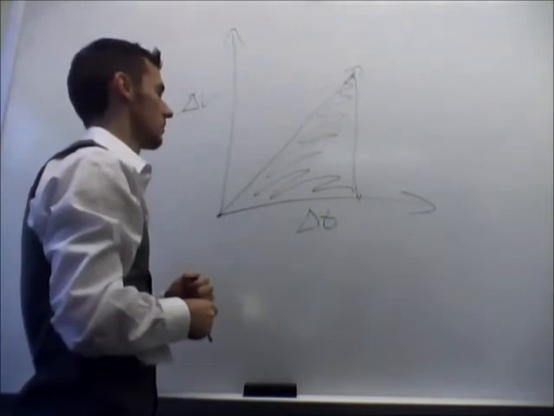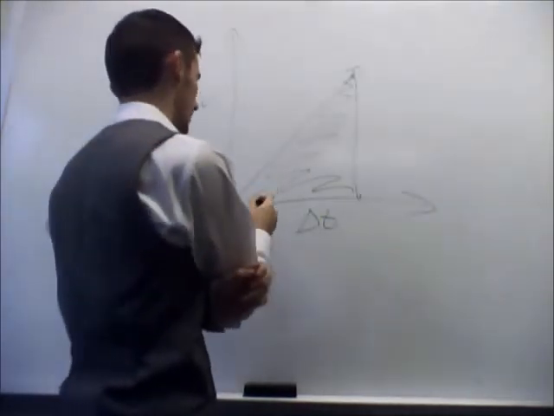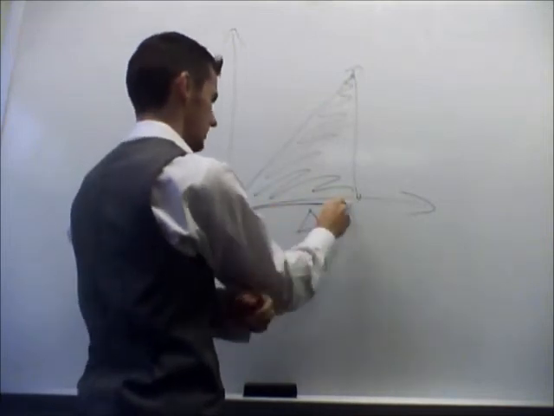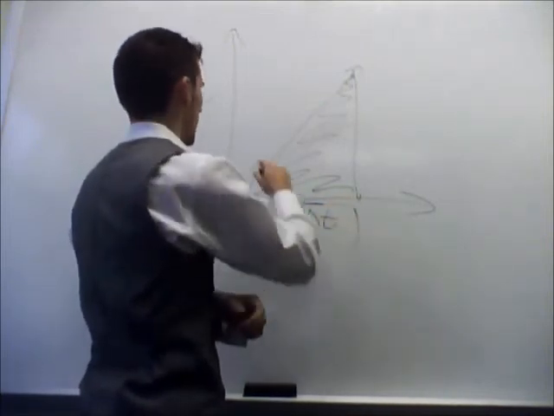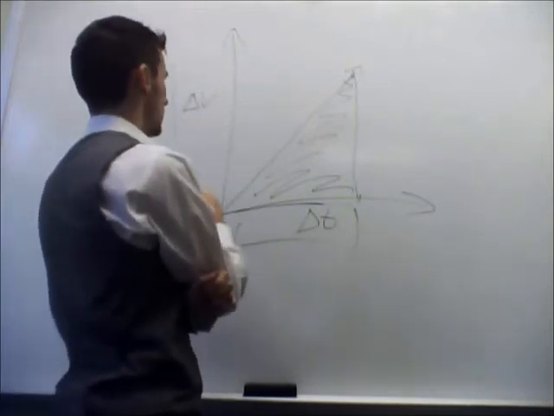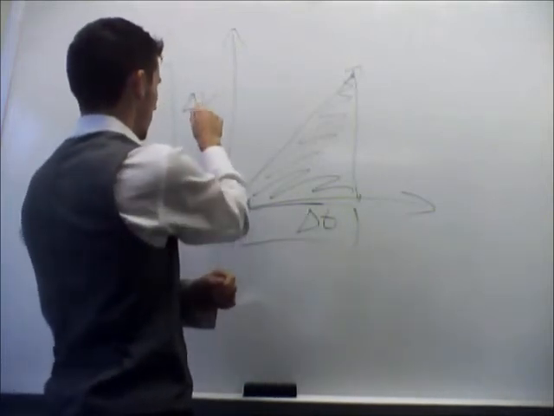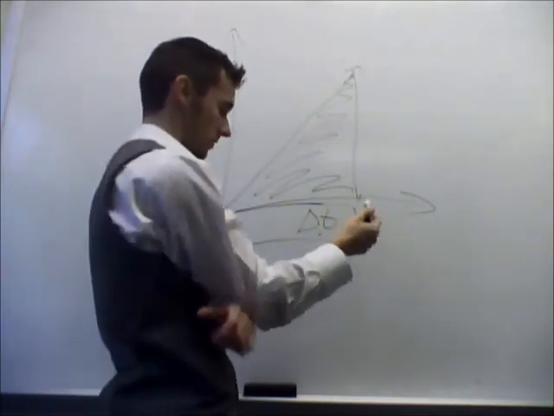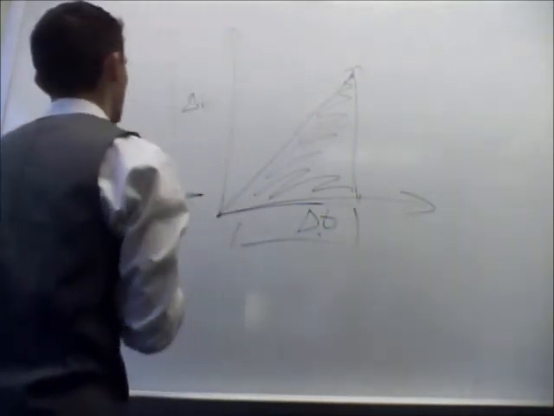And so we know how to get the area of this shape, a triangle. We know this distance, and we know that distance. So it's going to be v times t times 1/2 for the area. So we'll write that down.